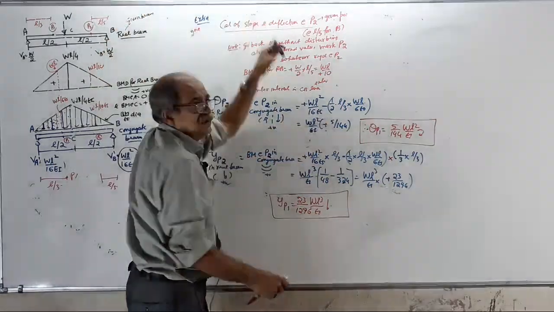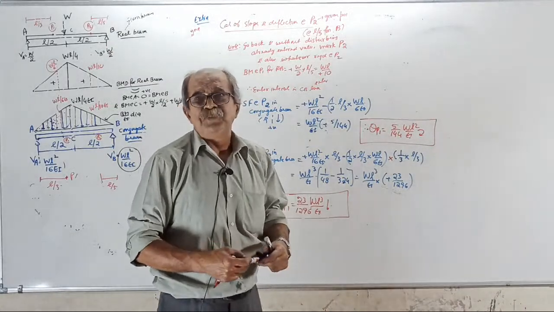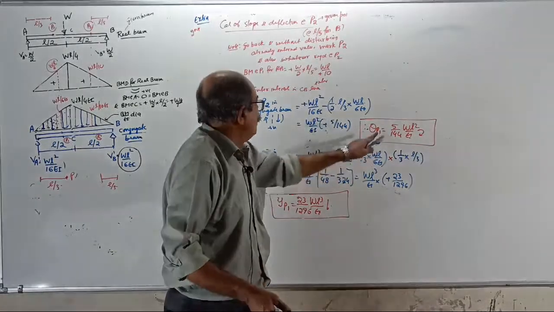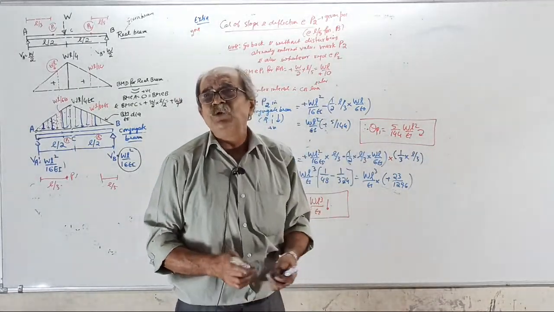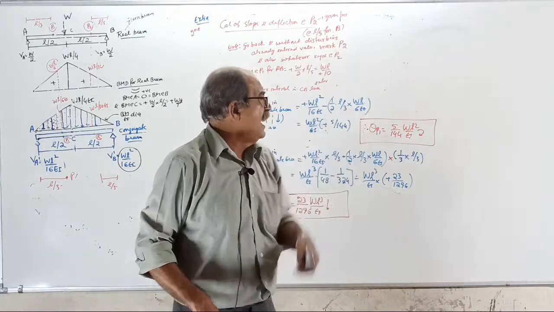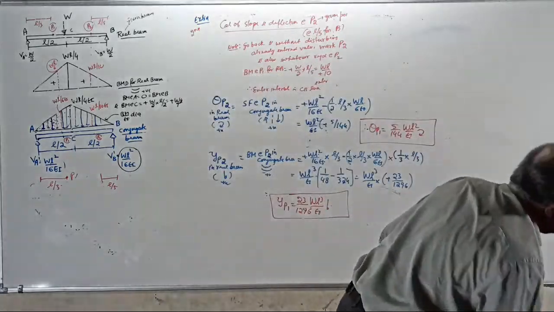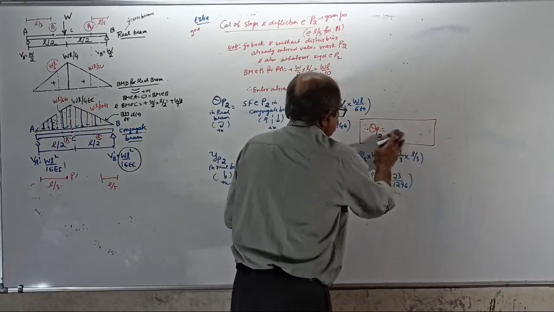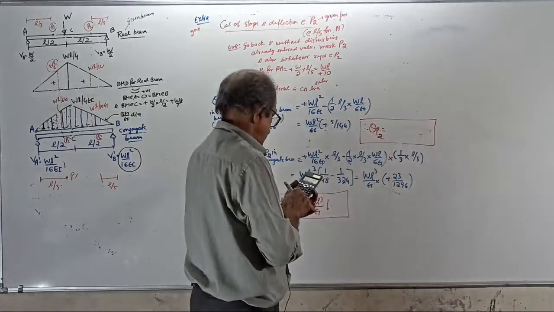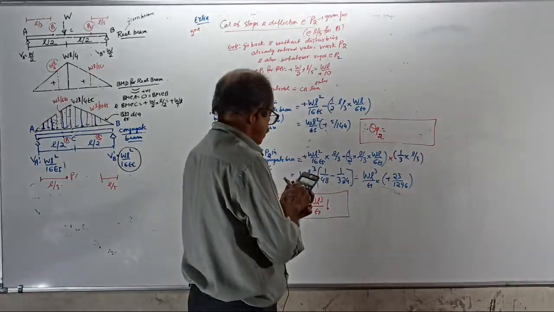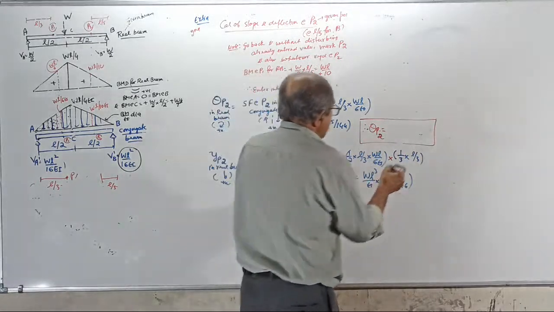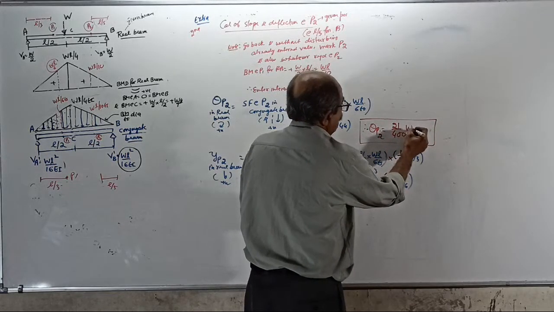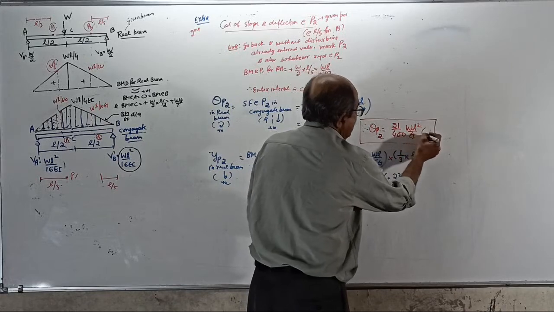This value will change. Shall I take a 3-4 minute break? By that time, can you calculate these two on rough sheet and type? Are you getting the same answer I told earlier? I don't remember; I will calculate once again. I am so sure that theta P2 equals 21 by 400 WL square by EI, anti-clockwise.